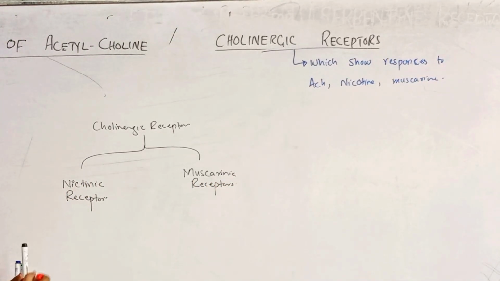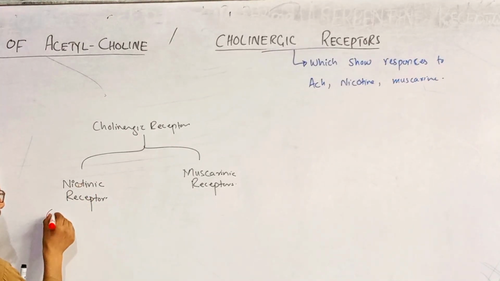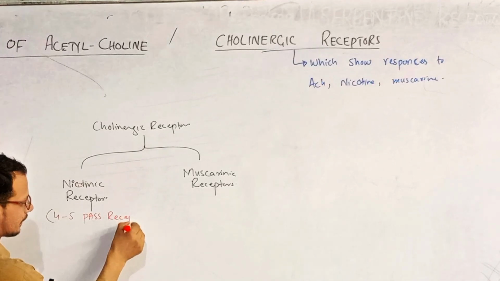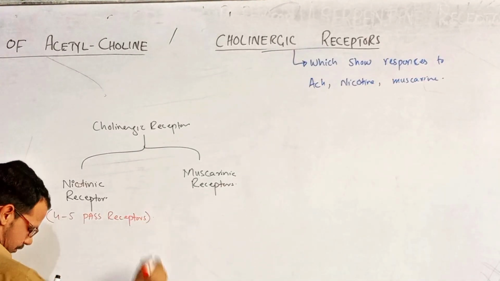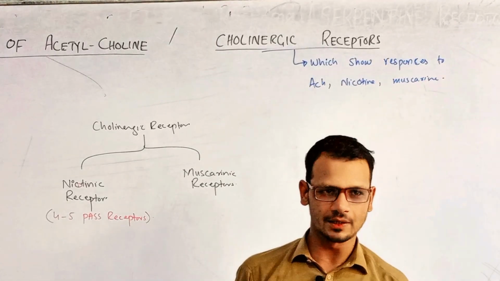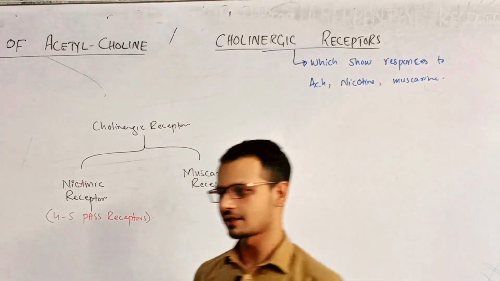These nicotinic receptors are basically 4 to 5 pass receptors, and you know what a 4 to 5 pass receptor is. They are ligand-gated ion channels, right?